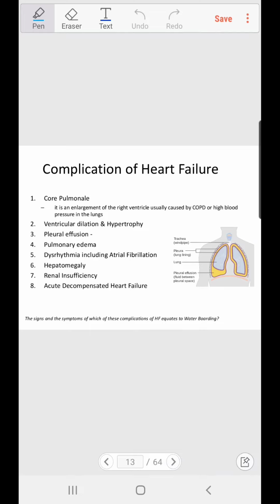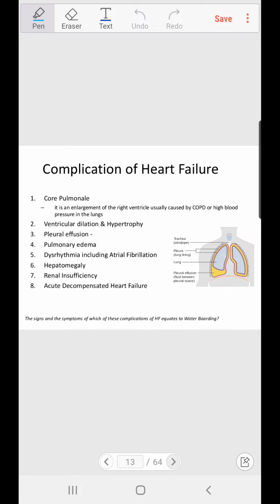There are some complications of heart failure, including cor pulmonale. It's the enlargement of the right ventricle, usually caused by COPD or high blood pressure in the lungs. Two is ventricular dilation and hypertrophy. Pleural effusion, also lung edema or fluid in the lung.